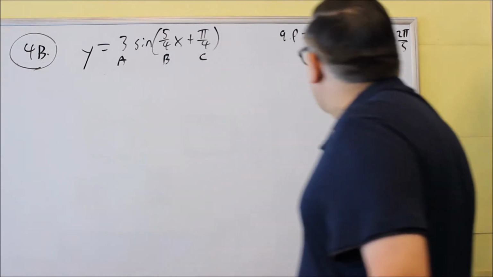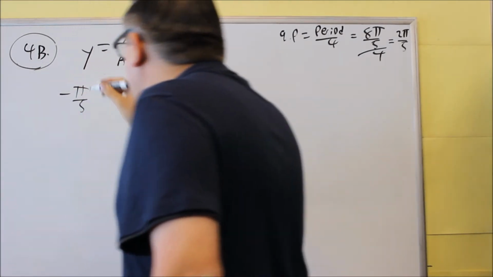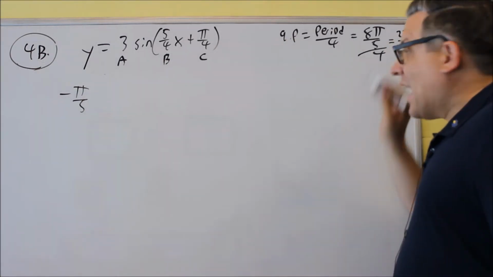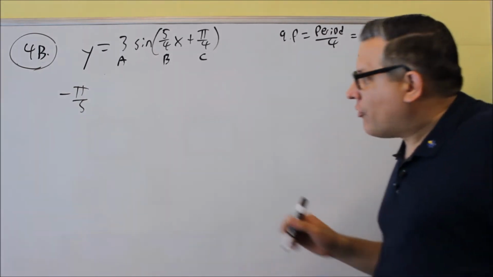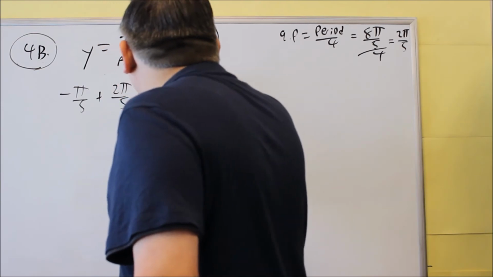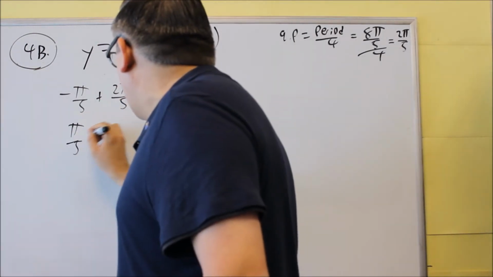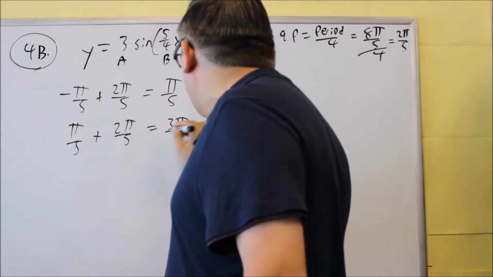Now let me just go ahead and show you again what it is that we're actually doing to get the key points. So here's the first one, negative pi over 5, that's your phase shift. We're going to add to that the quarter point, which is 2 pi over 5. So I'm going to add 2 pi over 5 to this, and I get positive pi over 5. Then we're going to take pi over 5 and add another 2 pi over 5 to it, and we get 3 pi over 5.